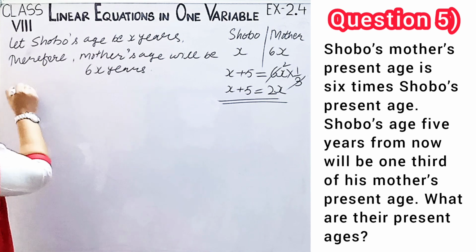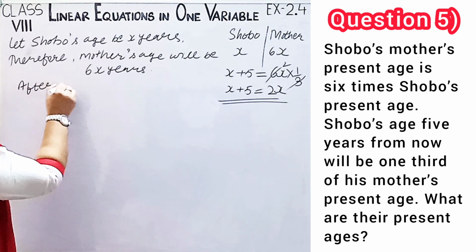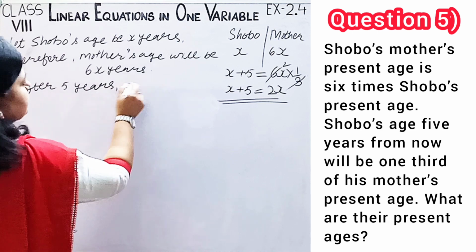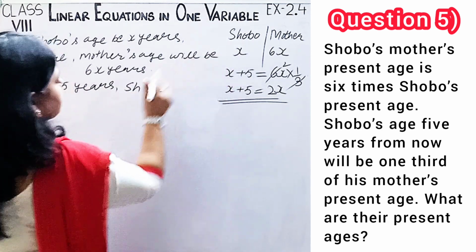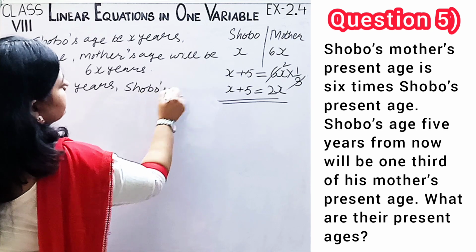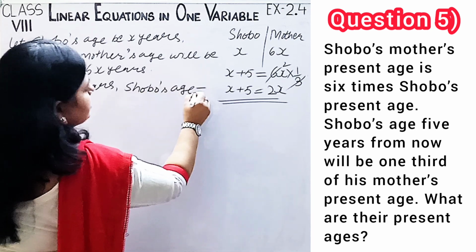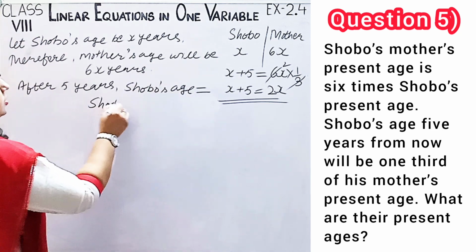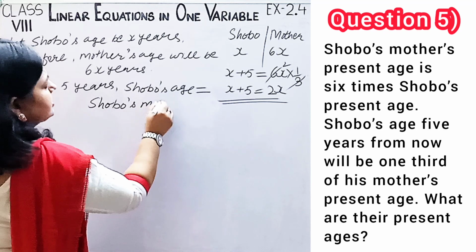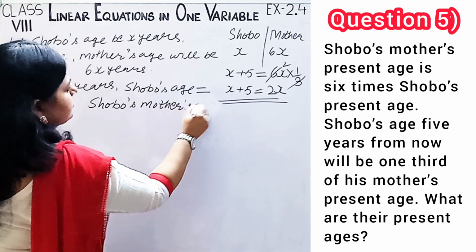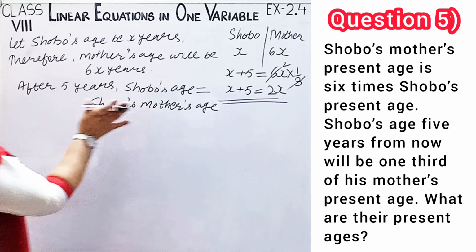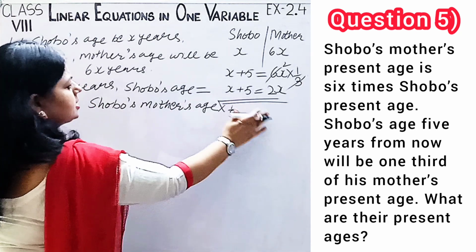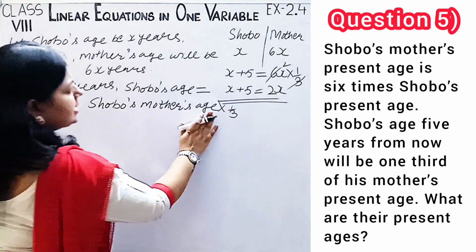After 5 years, Shobo's age, as we have already discussed here, will be equal to 1/3 of Shobo's mother's age.